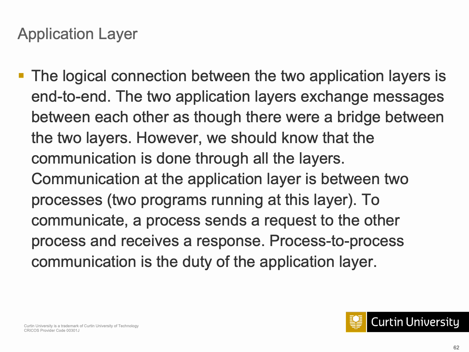However, we don't have an actual link or connection between the two physical layers. However, the communication is done through other layers. So communication at the application layer is between two processes. So if we need to communicate, a process sends a request to the other process and will receive a response.